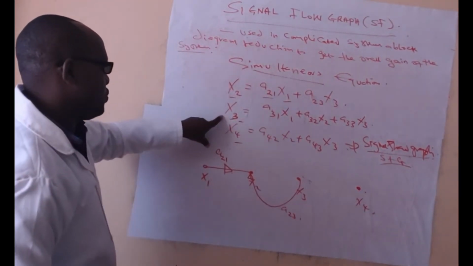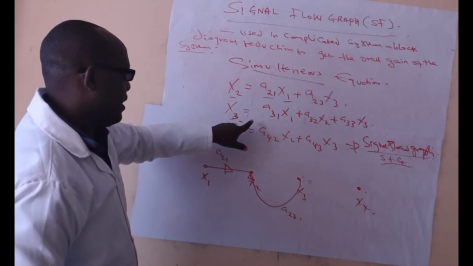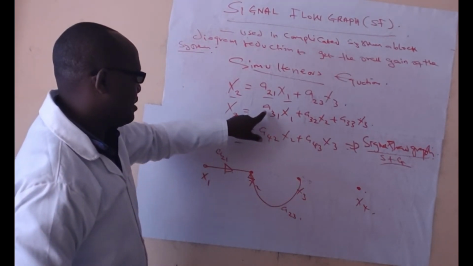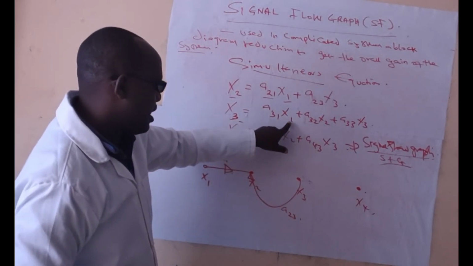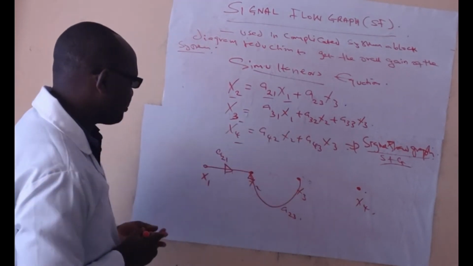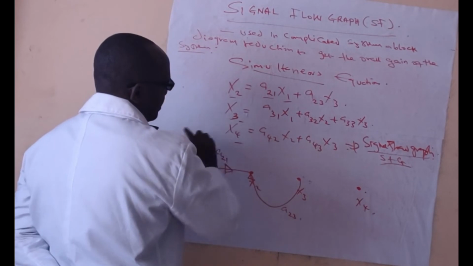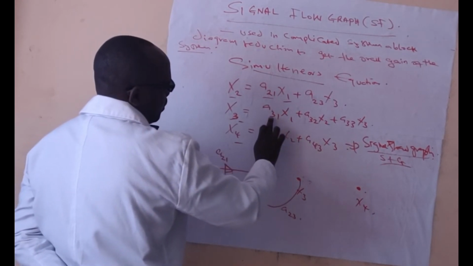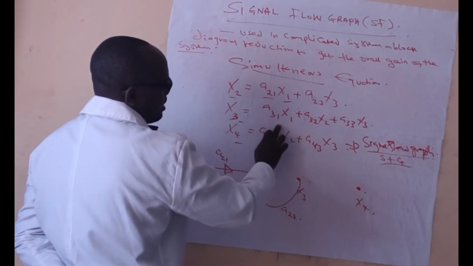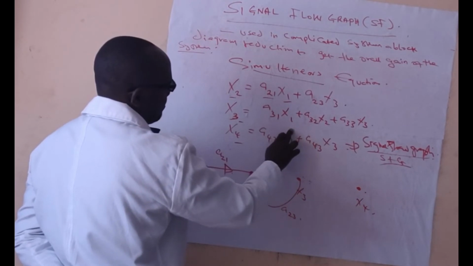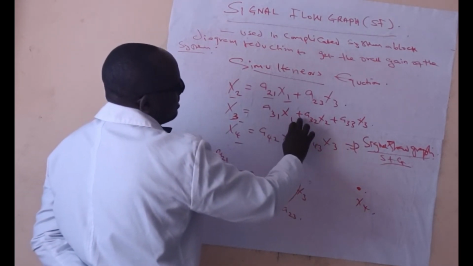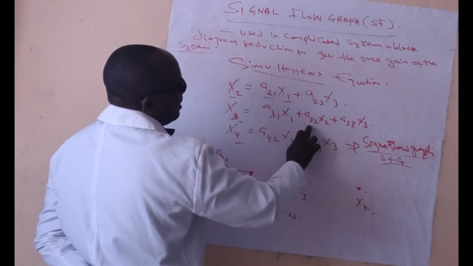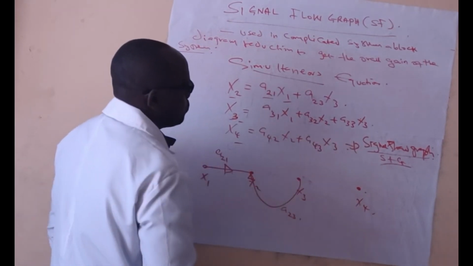Then in this equation we are told x3 is coming from a31 x1 plus a32 x2.